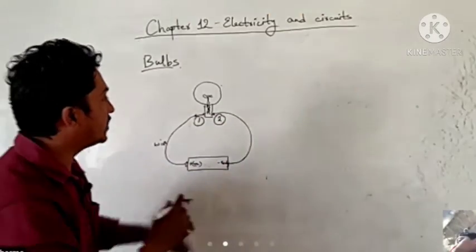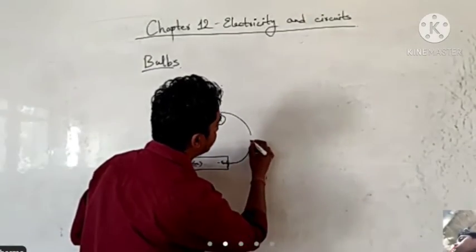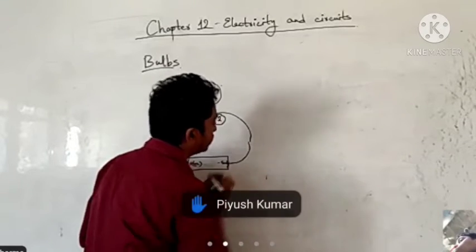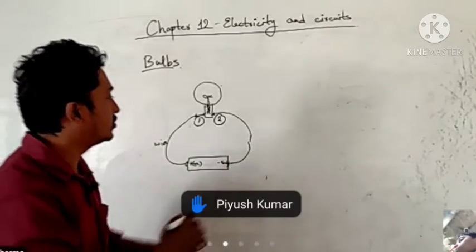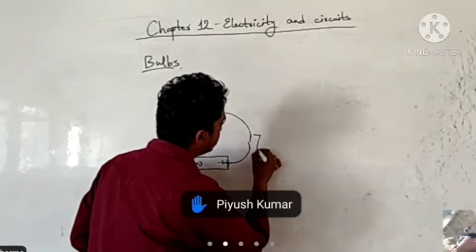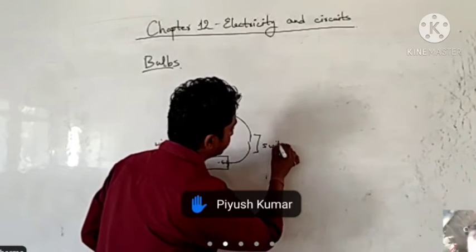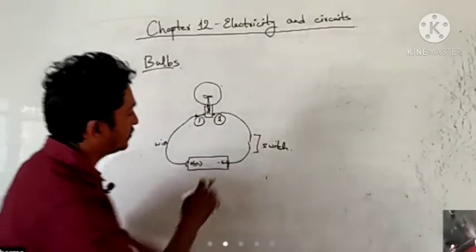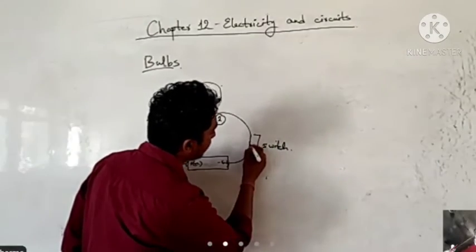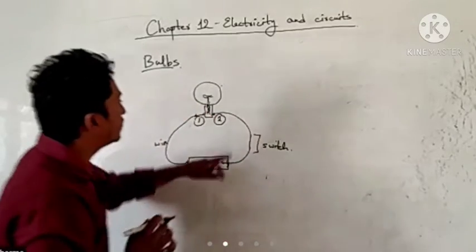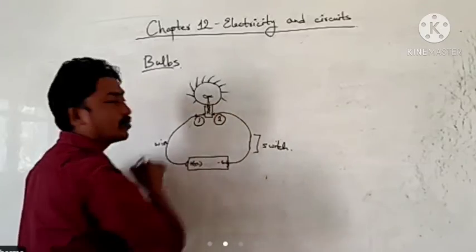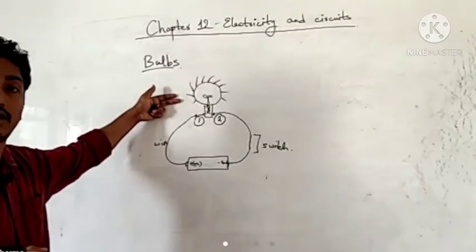Or you can say that we can put a switch here. This portion is the switch. So when the switch is attached, the bulb will glow.